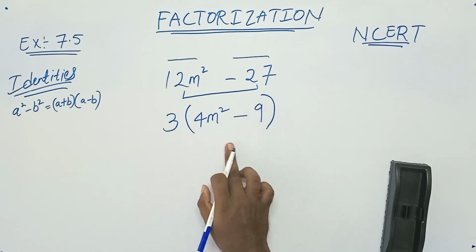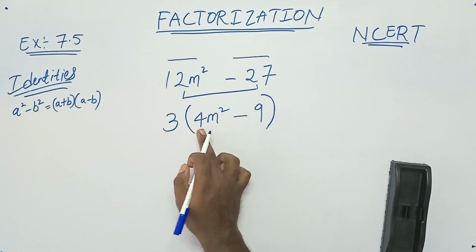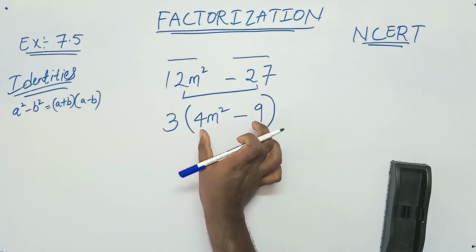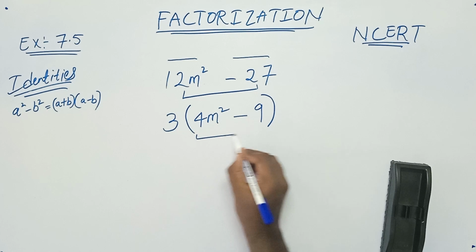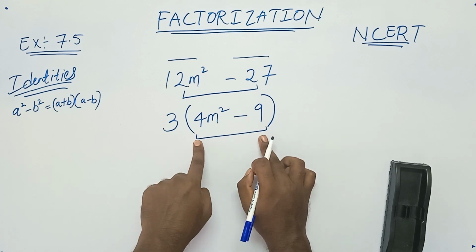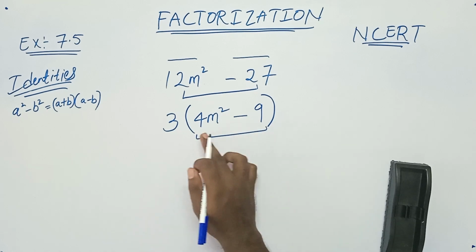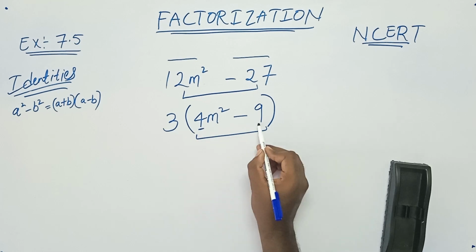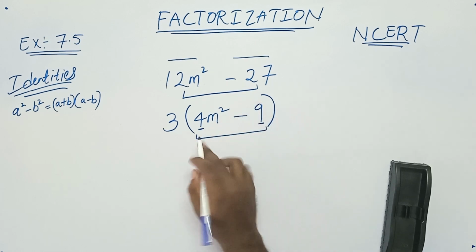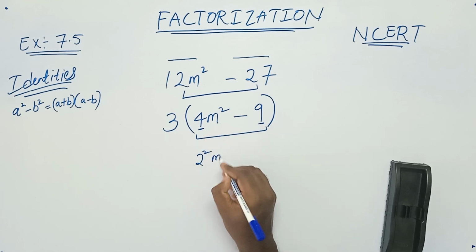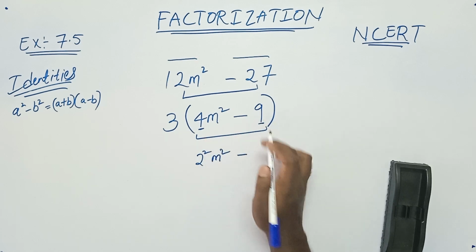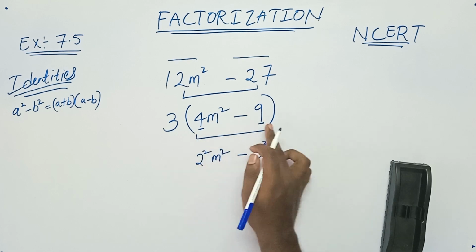So what we are going to do now is find the product of this expression. So we are converting 4 and 9 into exponential form. We can write 4 as 2 square, and m as m square, and 9 as 3 square, because these are square numbers.